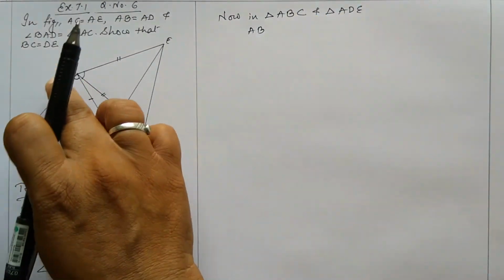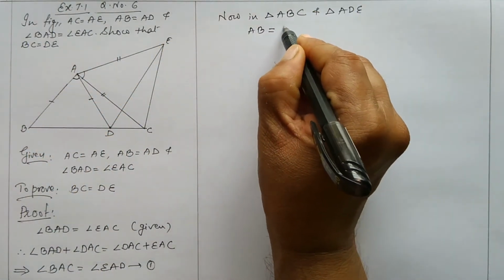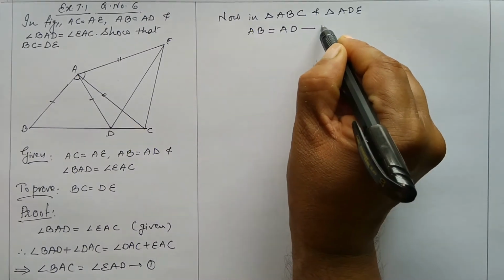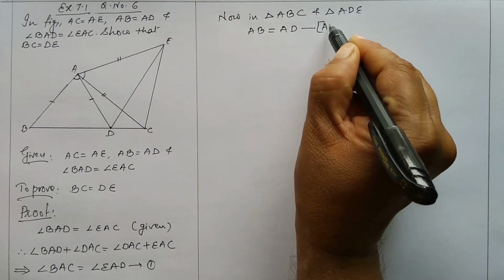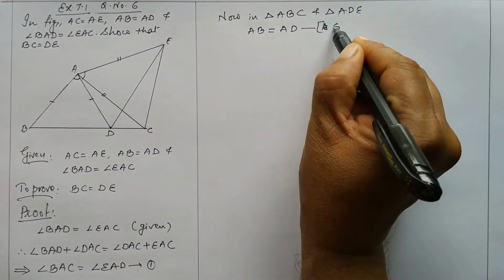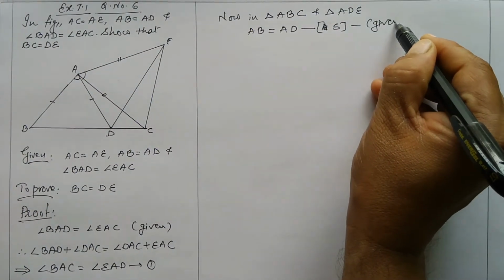AB is a part of triangle ABC and AD is a part of triangle ADE. So AB is equal to AD. This is given to you. So here we will write S for side. Sorry, not angle, it is a side. Here I will write reason: given.